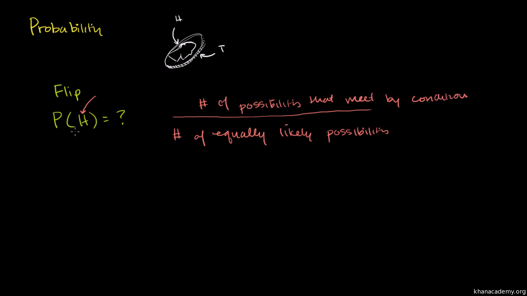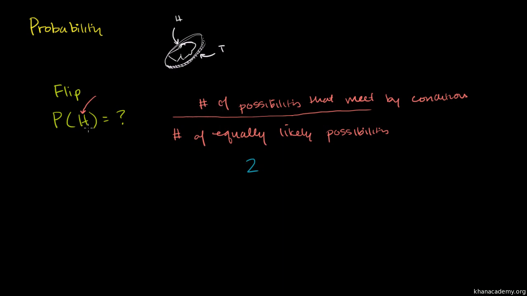So in the case of the probability of figuring out heads, what is the number of equally likely possibilities? Well, there's only two possibilities. We're assuming that the coin can't land on its corner and just stand straight up. We're assuming that it lands flat. So there's two equally likely possibilities here. You could either get heads or you could get tails. And what's the number of possibilities that meet my conditions?